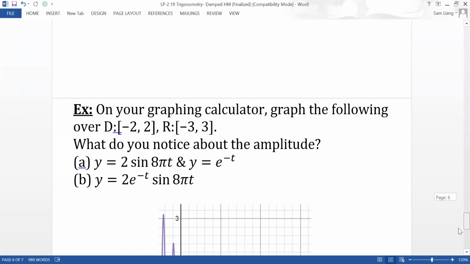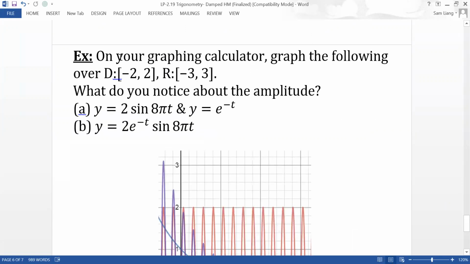So for this one, I'm going to have you graph. Let me read it first. On your graphing calculator, graph the following functions over domain -2 to 2, range -3 to 3. And I'm going to ask you, what do you notice about the amplitude?